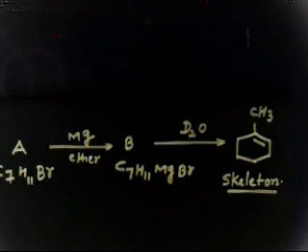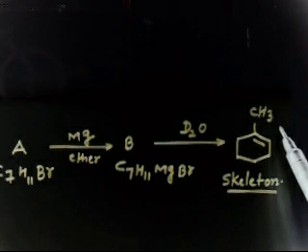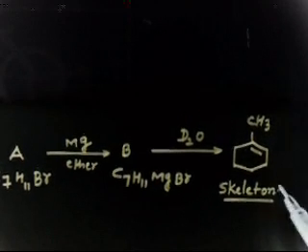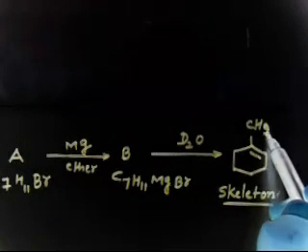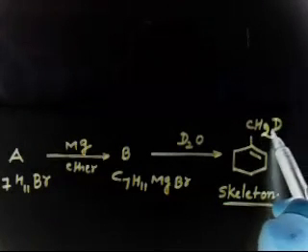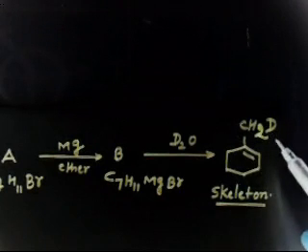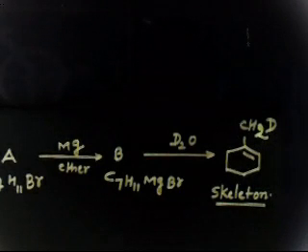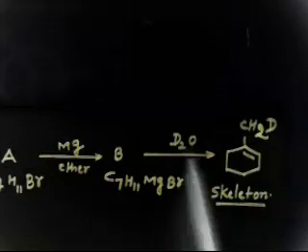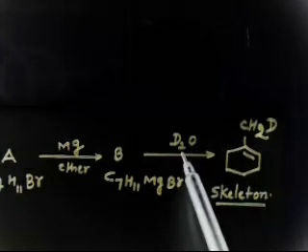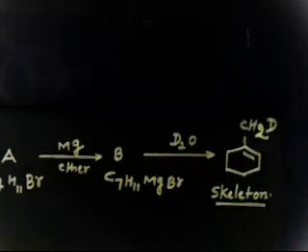So B reacts violently with D2O to give 1-methyl cyclohexane with a deuterium atom. The question says there is a deuterium atom on the methyl group, so the compound is CH2D. It is taking deuterium from here, so there is a deuterium on the methyl group.